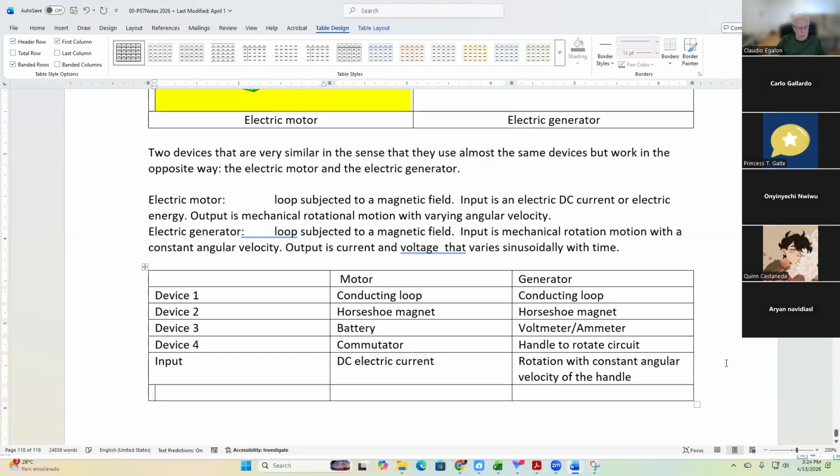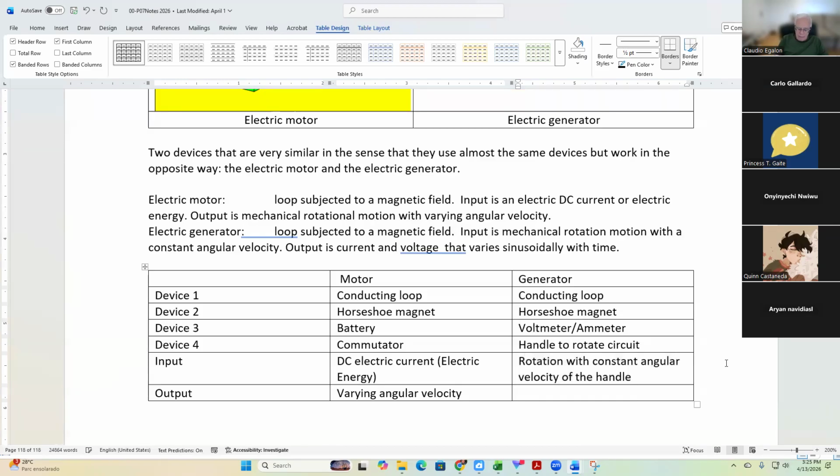And the output is, what's the output? Varying angular velocity. So here the input is electric energy.